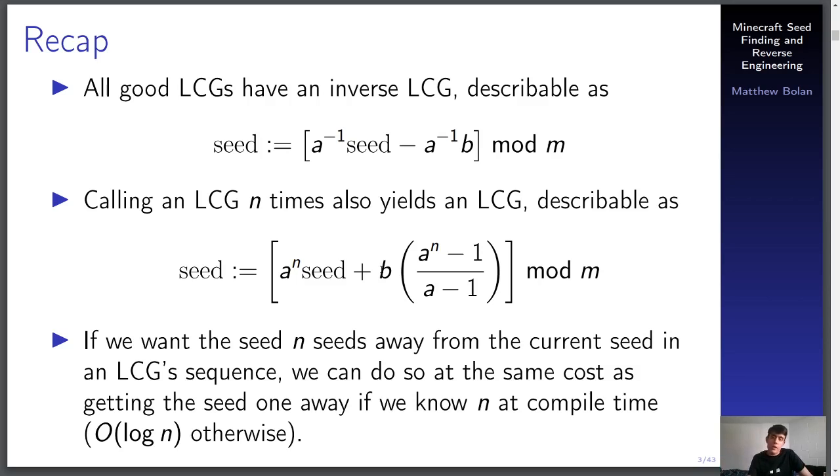In the last video, we established that if we have a linear congruential generator, we have another linear congruential generator which reverses the first one. So what do I mean by that? Well, if you have an LCG and you have a seed 0, and then you put it through the LCG and you get a new seed, seed 1, there is another LCG which can take seed 1 and push out seed 0.